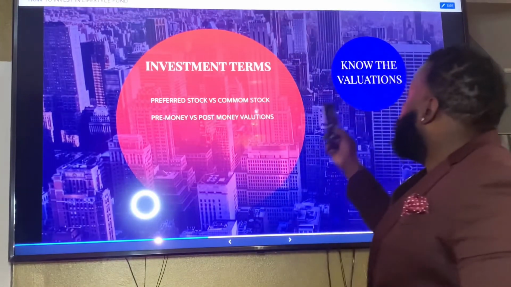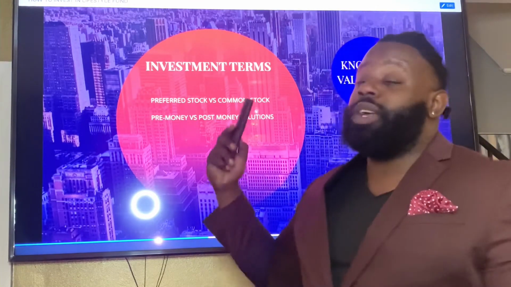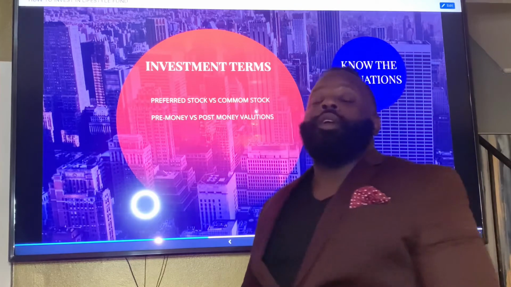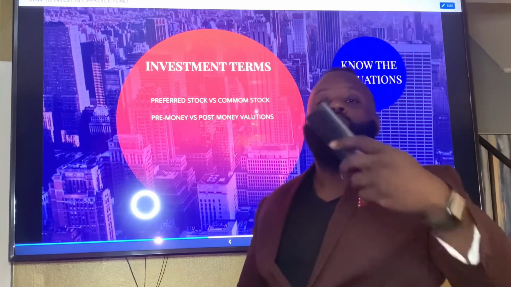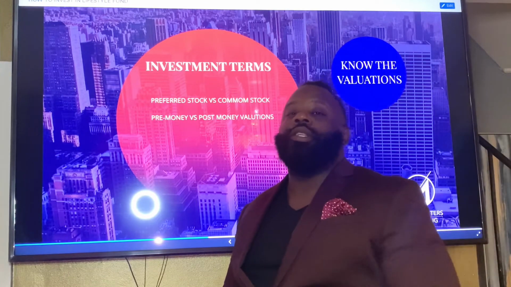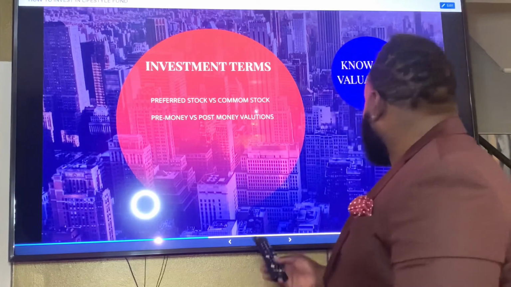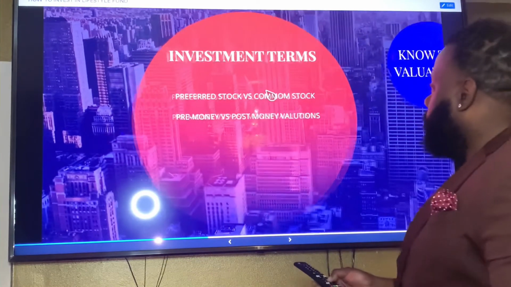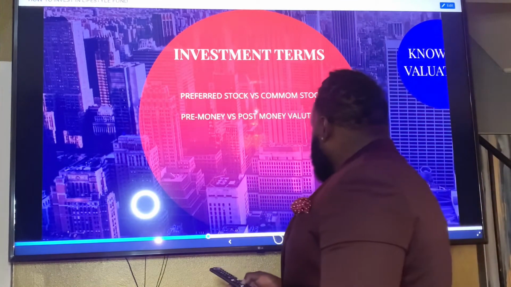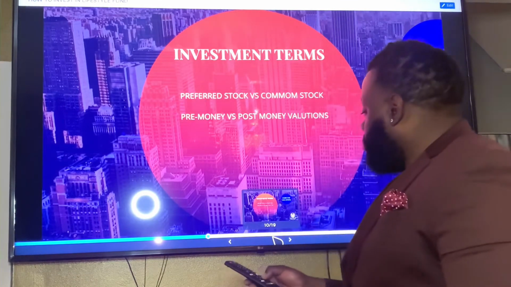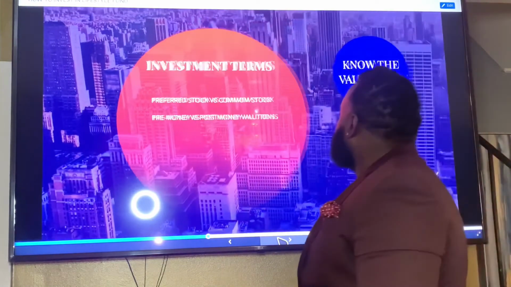So always know your valuations. Always look over the investment that you're thinking about funding, because you need to know what the return on investment will be. You need to know the terms, how long it's going to take, what you can do and what you can't do. So that's post-money and pre-money. Also preferred stock and common stock. We need to know what type of stock this fund is going into.